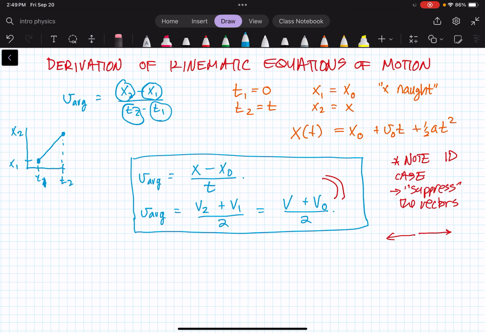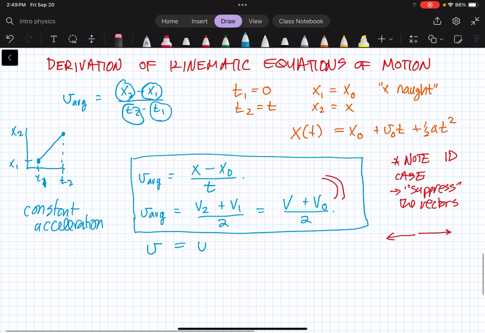The other thing that we're going to use is how v increases for constant acceleration. Remember, this is for the special case of constant acceleration. If the acceleration is constant, then v increases linearly with time.